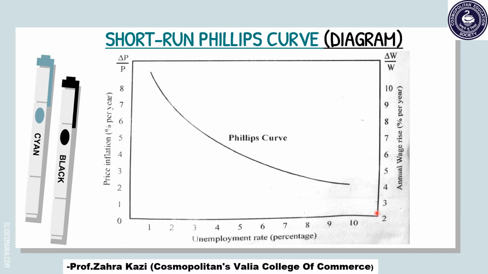This is because the inflation rate is always 2% less than the increase in wage rate. So wage rate will always start from 2 while inflation will start from 0. So wage rate is 2% higher than the inflation rate.